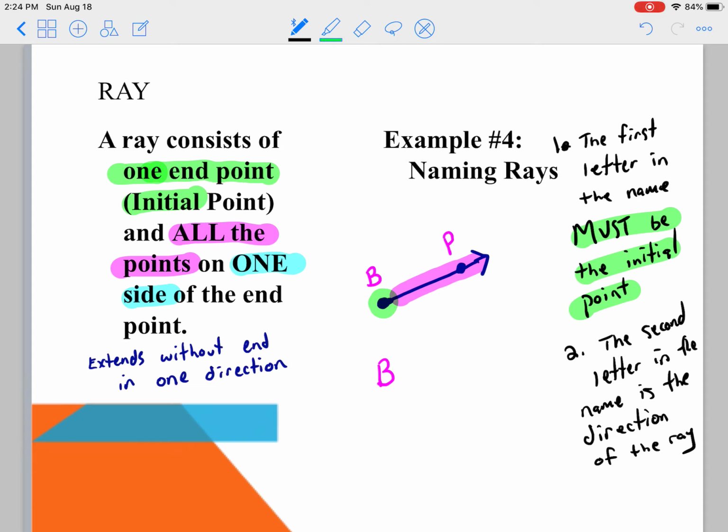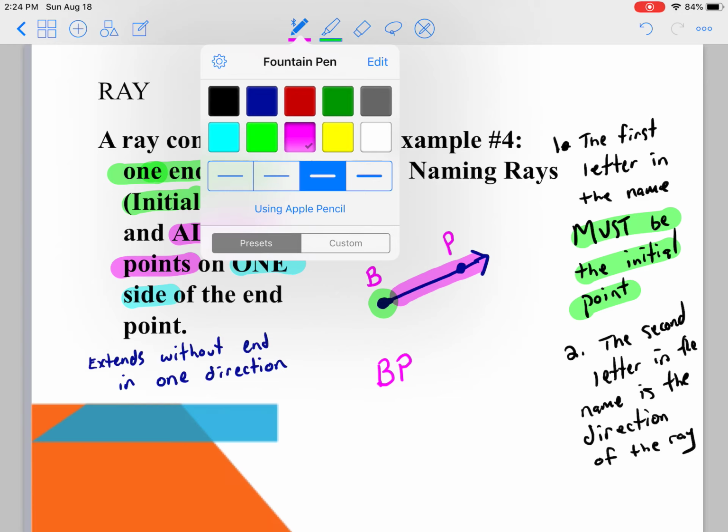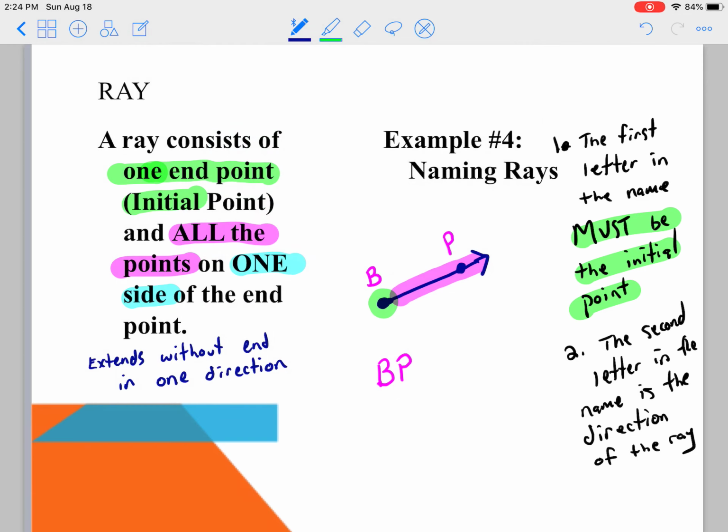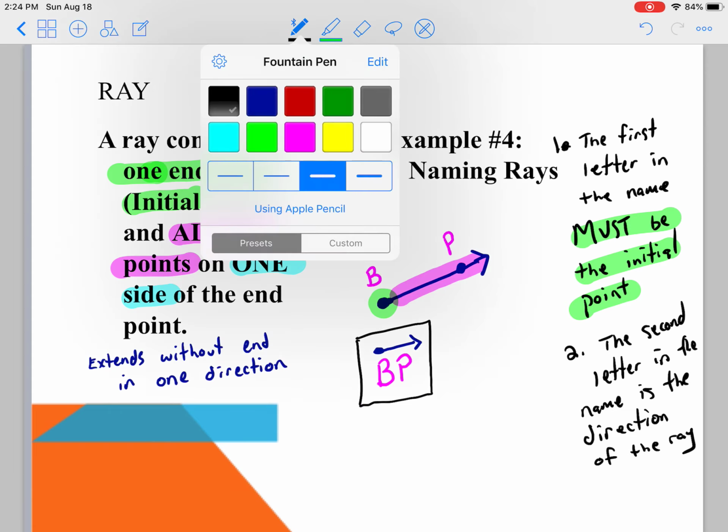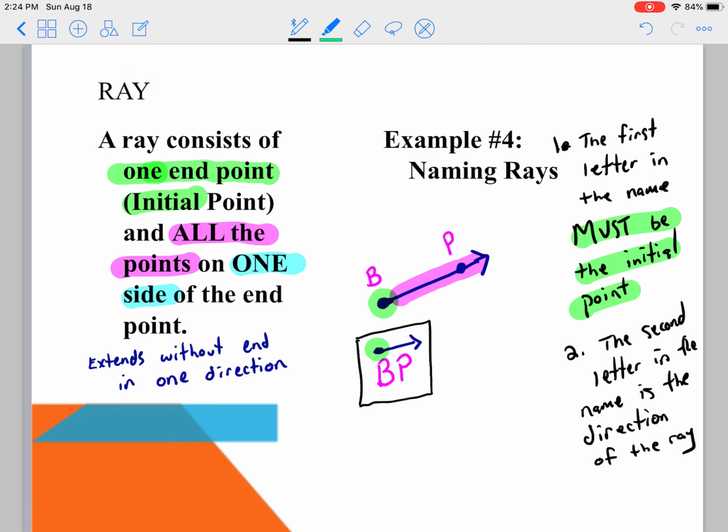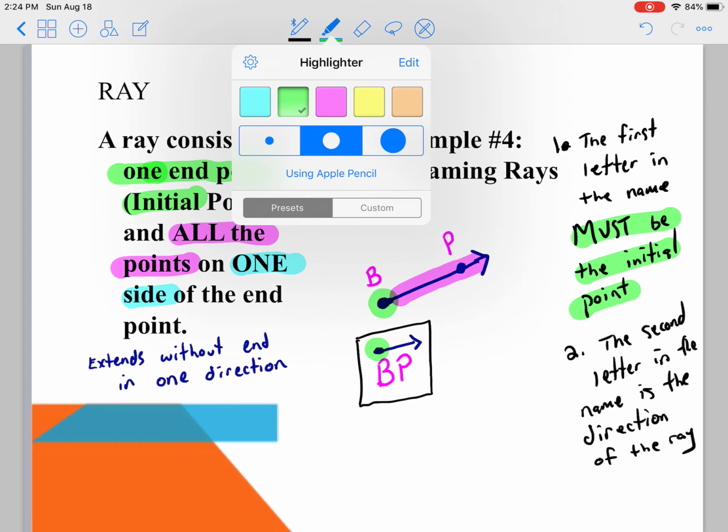And in this case, the ray is going toward point P. So we're starting with B, we're going to point P, and we have a ray with an endpoint at B moving in the direction of P. So when I see this notation, I know that I'm referring to a ray because it has an initial point moving in the direction of the ray.